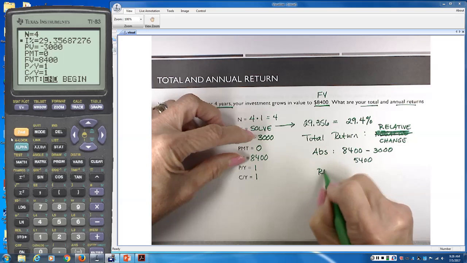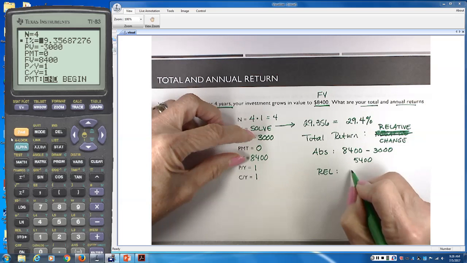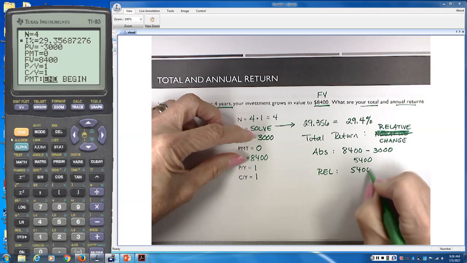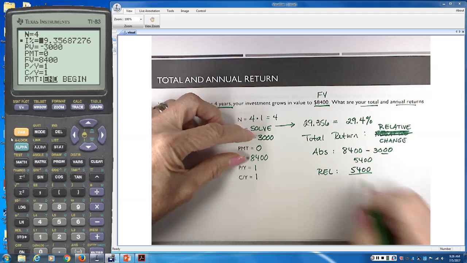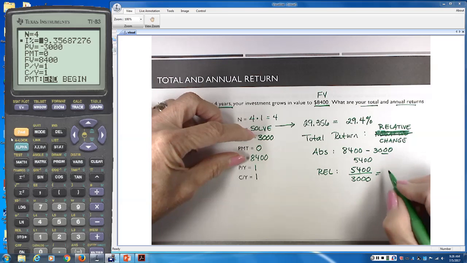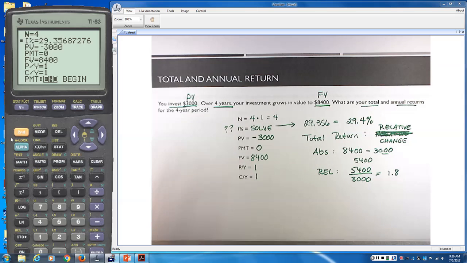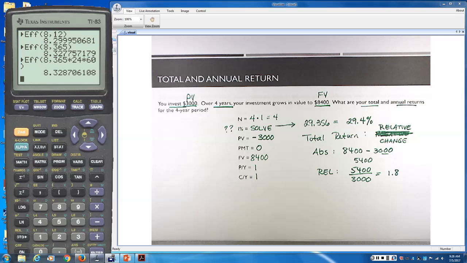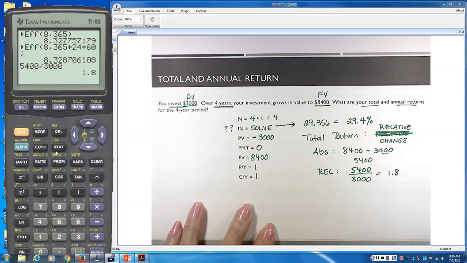And then to do relative, you do 5,400 divided by the reference value, 3,000. And that turns out to be 1.8. And I think that actually comes out even. Now remember, 1.8 still has to be changed into a percent.